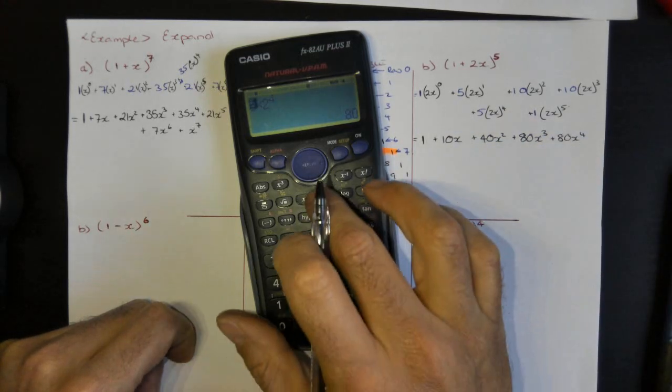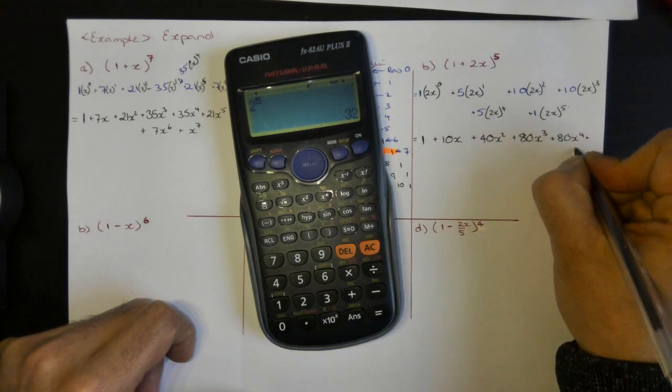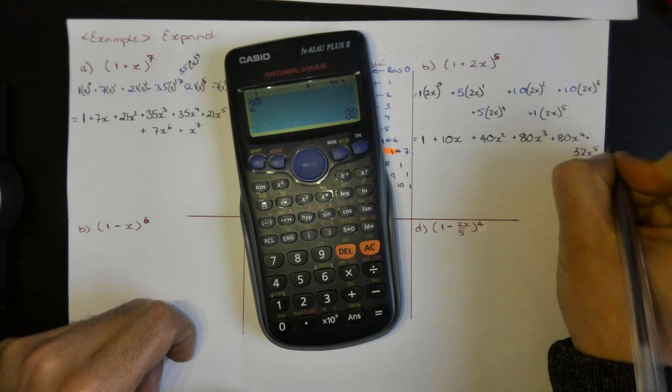And then 2 to the power of 5 is 32, so that's 32x to the power of 5.